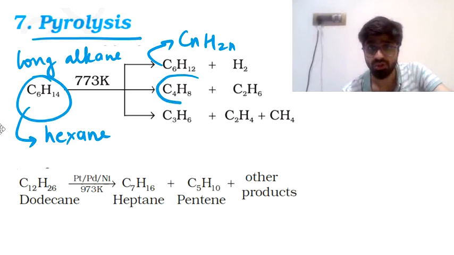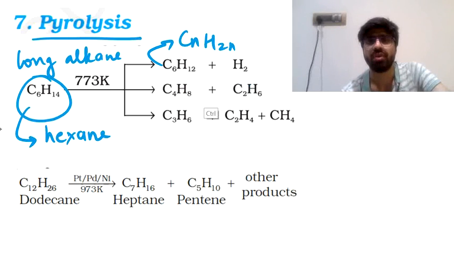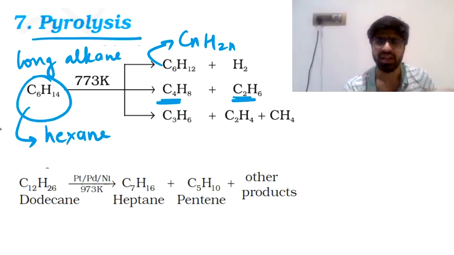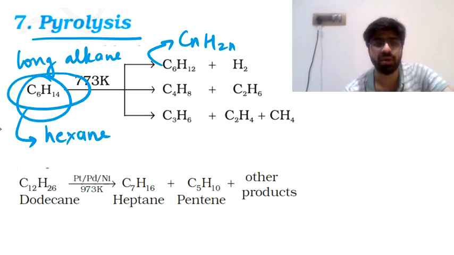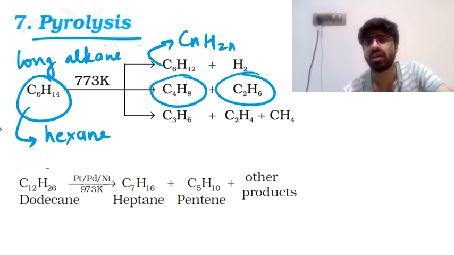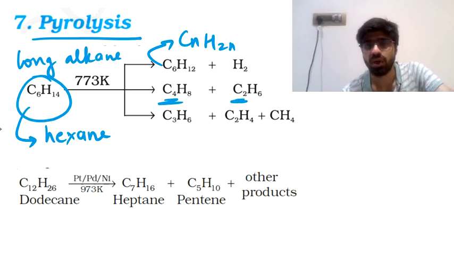There's the formation of a four-membered compound also. Four-membered means 4 carbon atom compound and a 2 carbon atom compound. It might be alkane, alkene. That's not the point of discussion for now. The point is that a 6 carbon atom compound is breaking into smaller compounds having 4 and 2 carbon atoms.